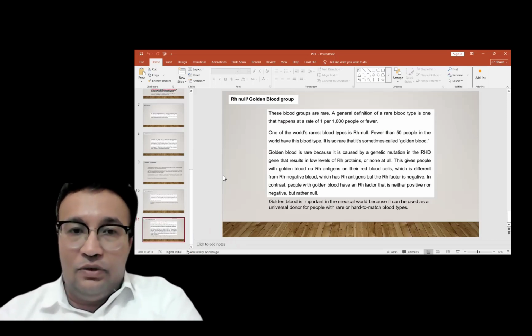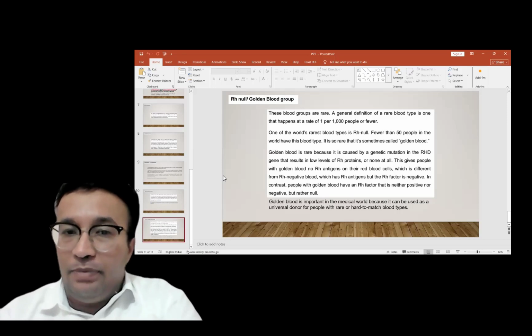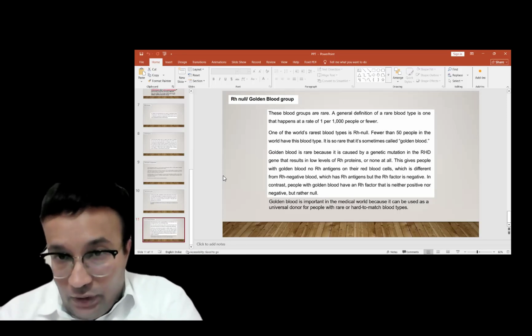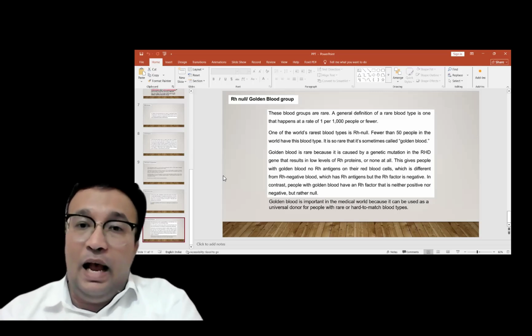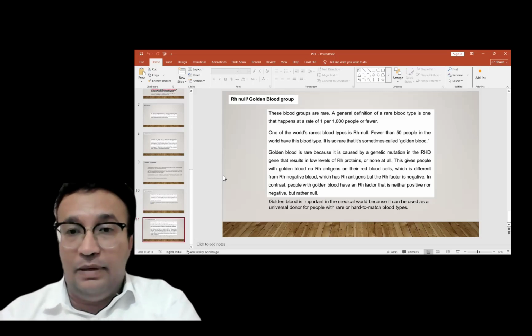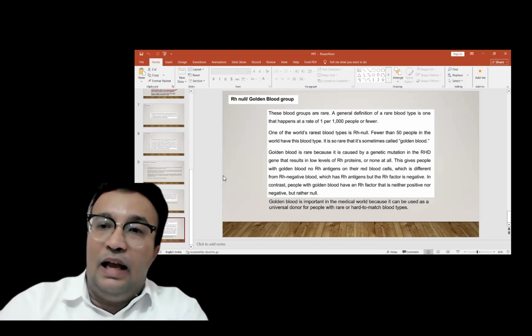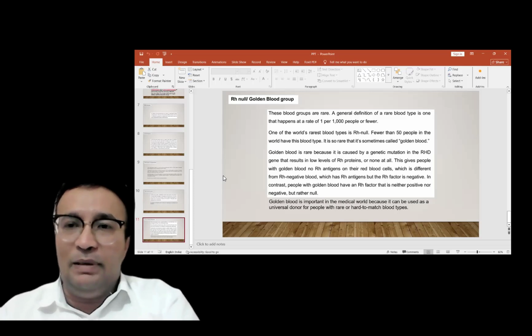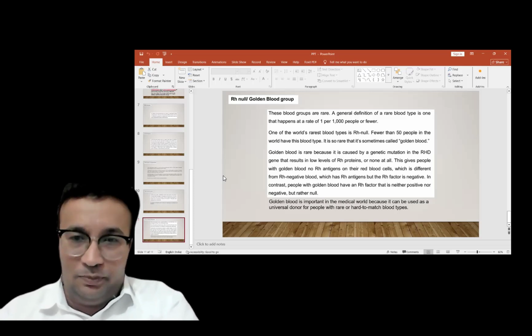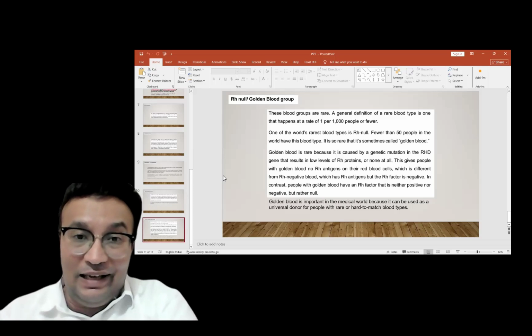Okay. So, at a rate of 1 per 1,000 people or even fewer than that. So, this is the rarest of the rare blood types, and fewer than 50 people in the world have this phenotype. So that is why those people are golden, having golden blood group. So golden is connected with rarity.